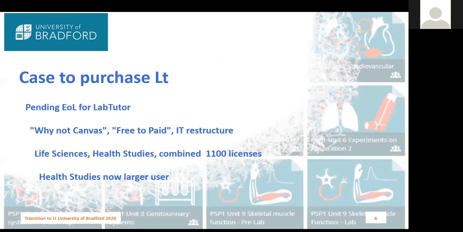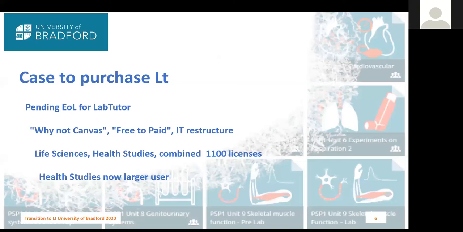And in that IT services restructure, the software maintenance and support strategy didn't really support the way that we worked with Lab Tutor. They weren't happy that we were running a zoned server. They didn't like the way that Life Sciences delivered the software to the students. So it didn't match with theirs, whereas LT and the cloud-based system mapped really well to how IT services were about to change.